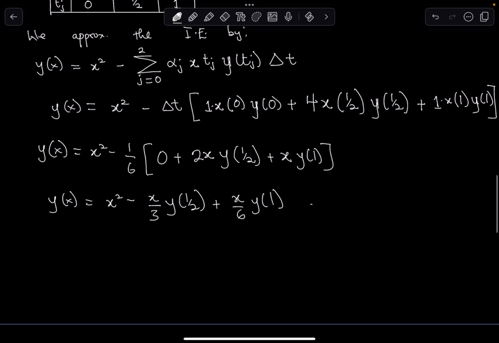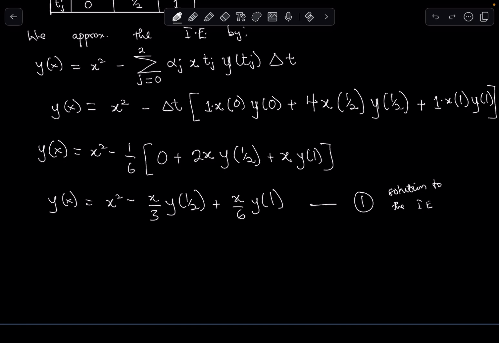Okay, and this is the general solution. So I'm going to call this equation 1, and always keep in mind, this is the solution to the IE. Okay, so all we are going to look for is your y of 1 over 2 and y of 1, and once you're able to get that, you're going to plug them back into this to find the solution to the equation.